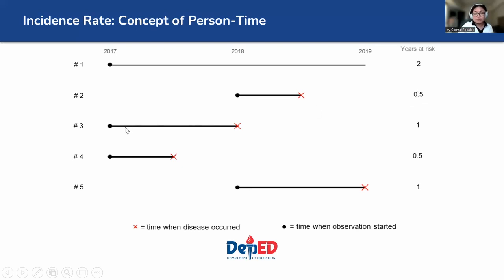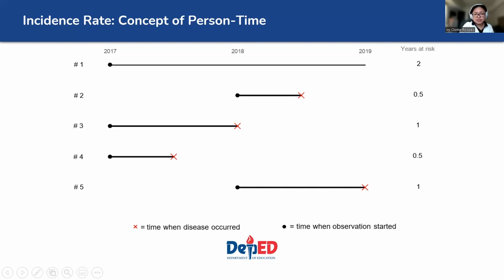And then you have student number 3 who was there from 2017 to 2018, so that's just 1 year. Student number 4, half year. Student number 5, 2018 to 2019, 1 year. So these are the person years. Then you sum it up. Those with the X are the students who had dengue.